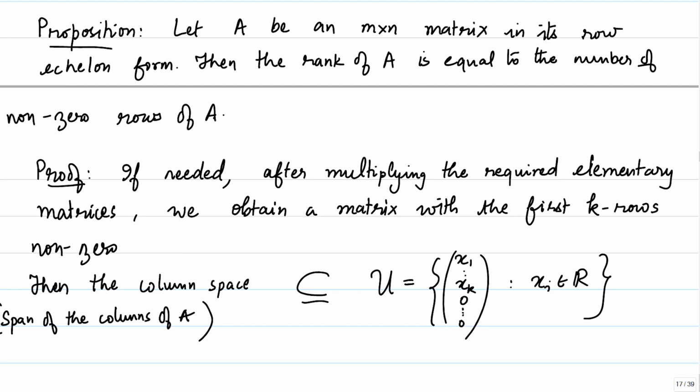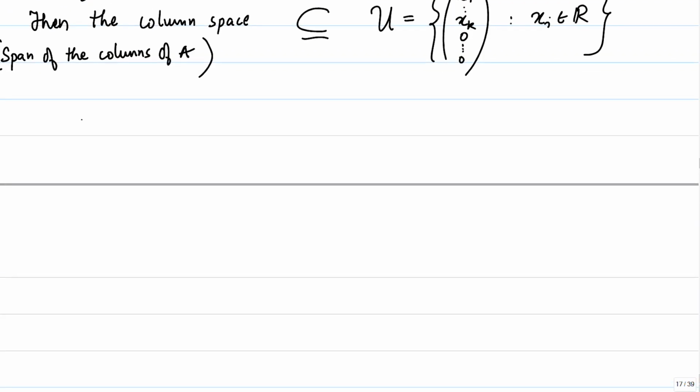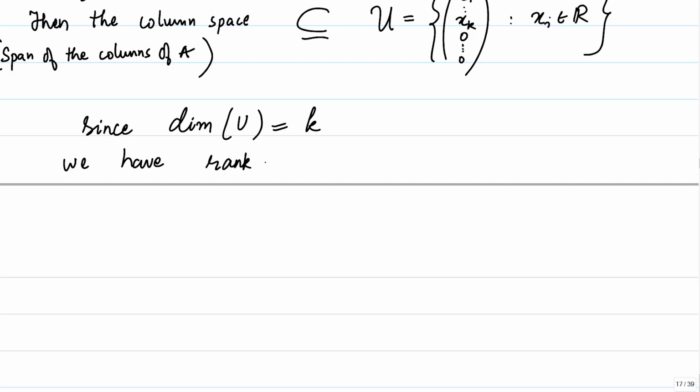And we know that the dimension of U is equal to k. Since the column space is a subspace of U after all, the dimension of the column space, which is the rank of A, is also less than or equal to k.